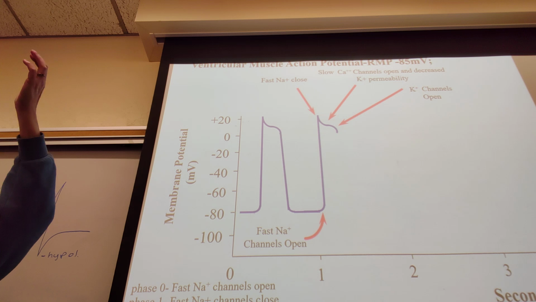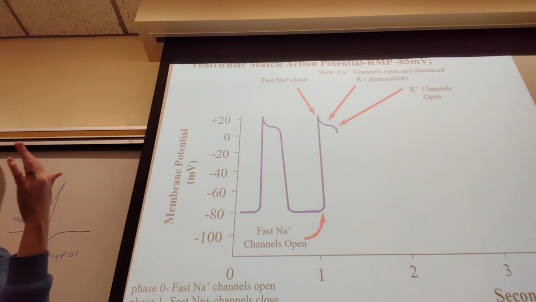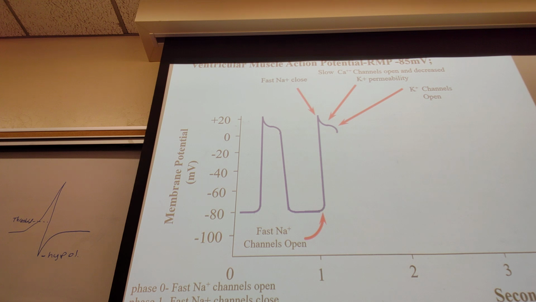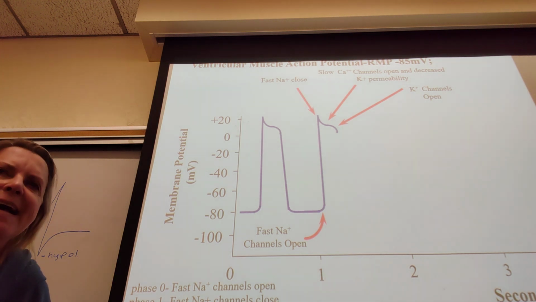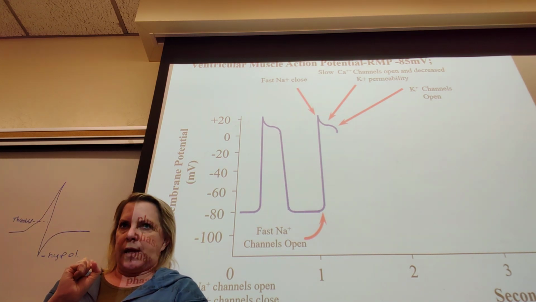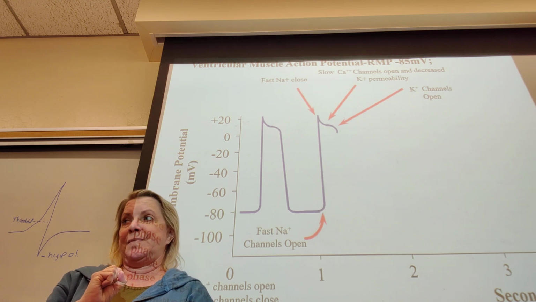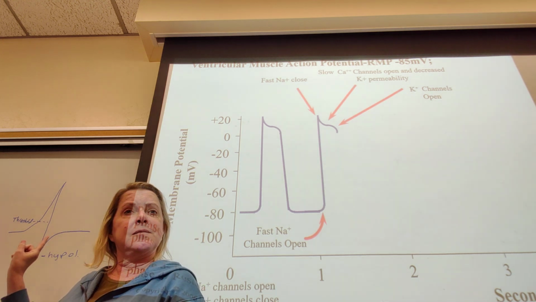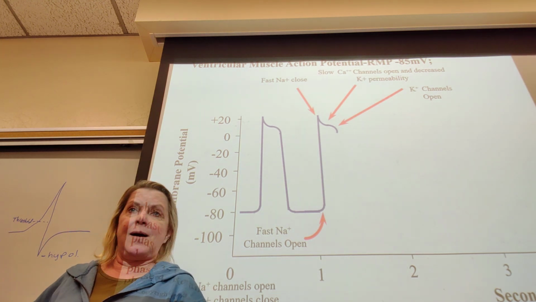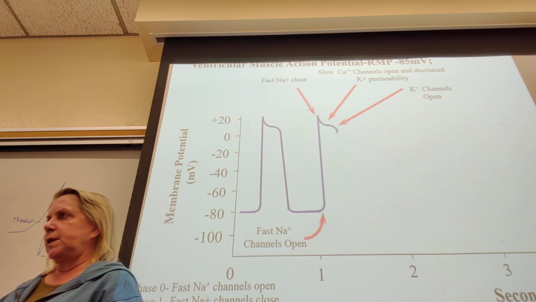And even though the cell was trying to repolarize, the calcium influx and potassium being trapped give us this steady state. We get this plateau. And yet again, calcium has an active role in the action potential. Skeletal muscle did not. Neurons did not. That is a very important distinction.